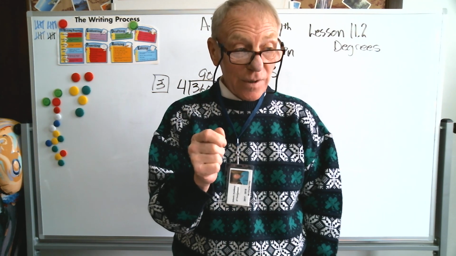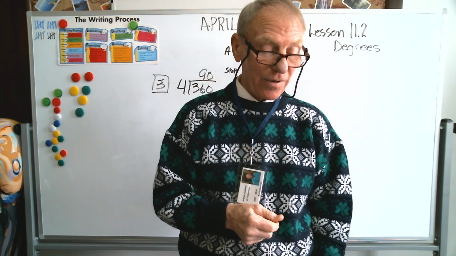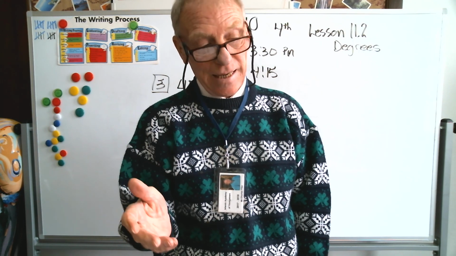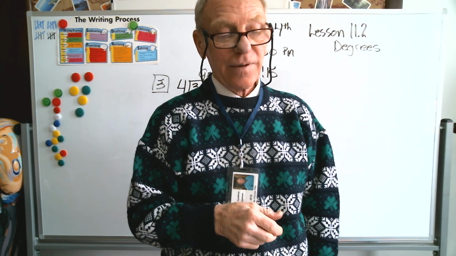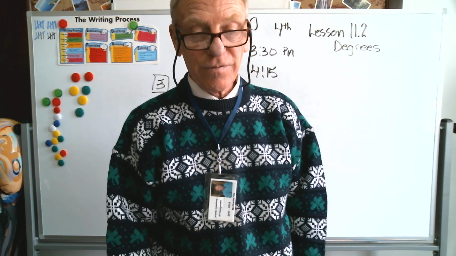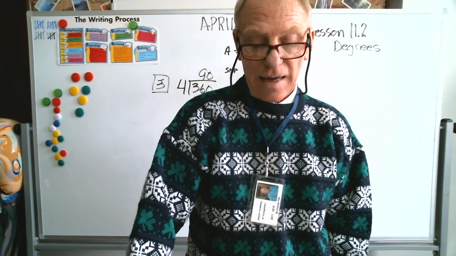Because if you have one, it'll make understanding the protractor a lot simpler. Because a protractor is what you use to easily identify an angle. It's the tool that's used to discover what the angle happens to be.